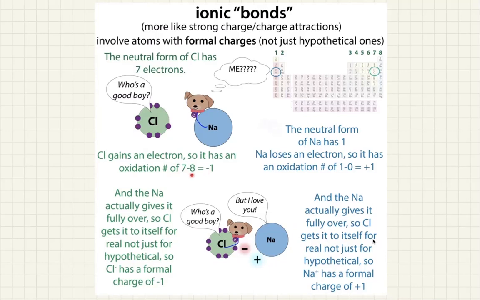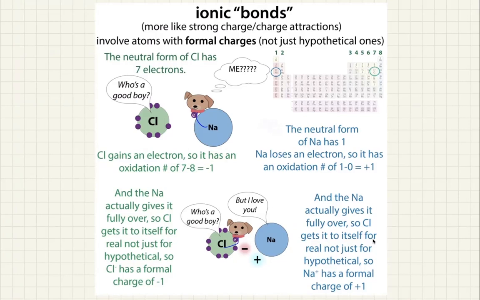Now it has 8, and so it has an oxidation number of -1, as well as a formal charge of -1, because this transfer actually is taking place. With the sodium, it started with 1, it ends up with 0. 1 minus 0 is +1. It has both an oxidation number of +1, as well as a formal charge of +1.